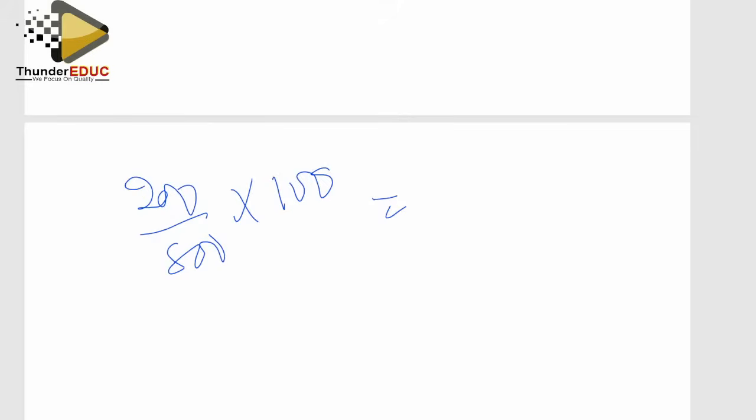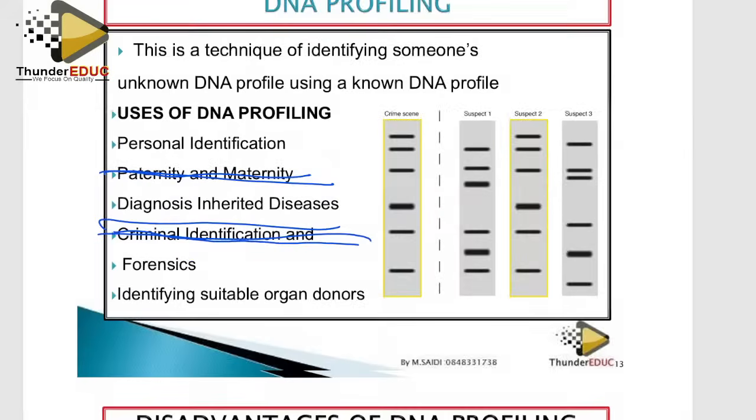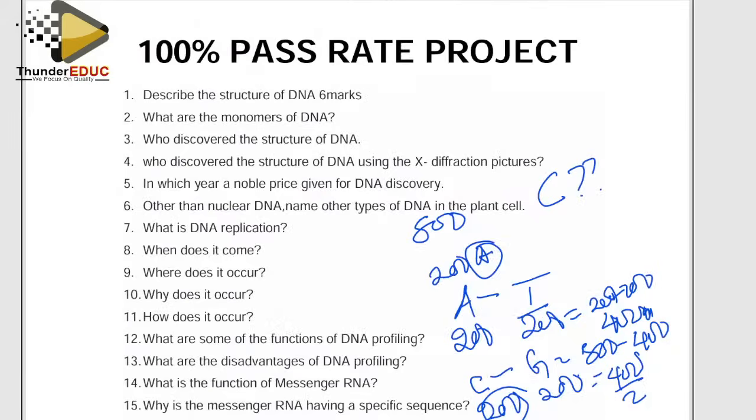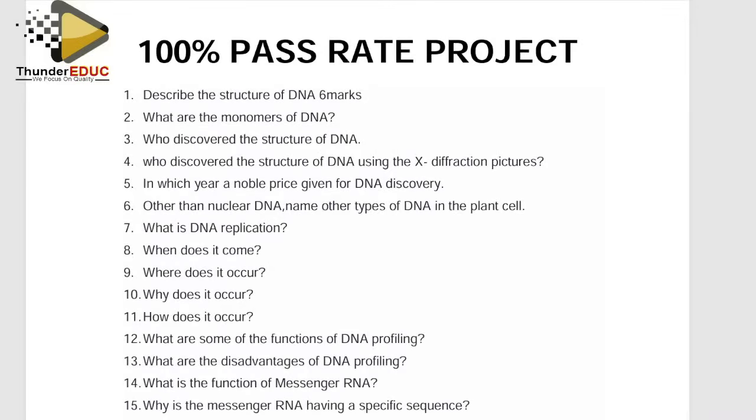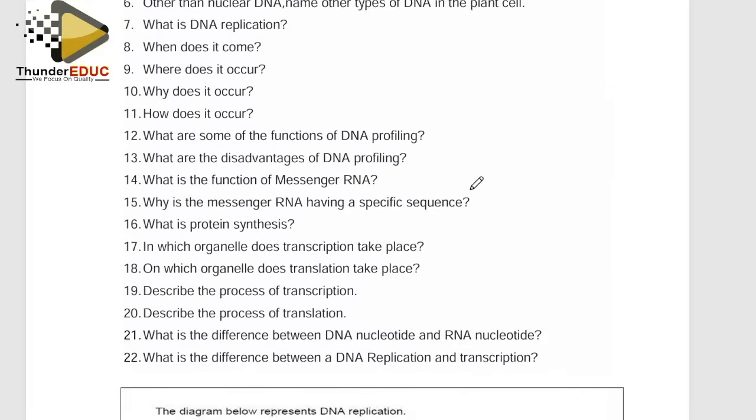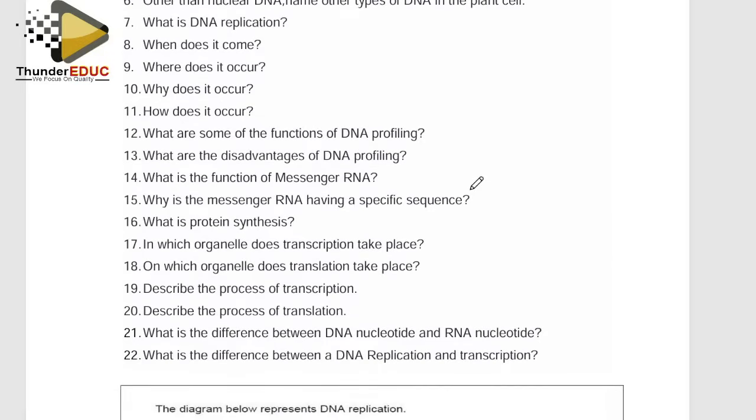That is 1 out of 4 times 100, which gives me 25%. So that is how we do the calculations. Do you understand? Yes. So now we go to the next question. So there's a base calculation. Please make sure that you at least know it, so that you don't lose those 2 marks.